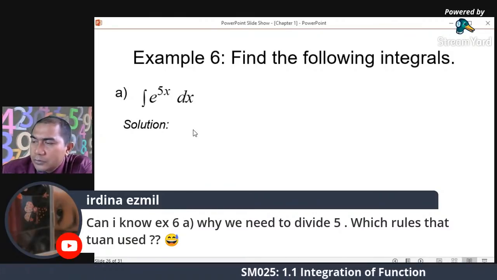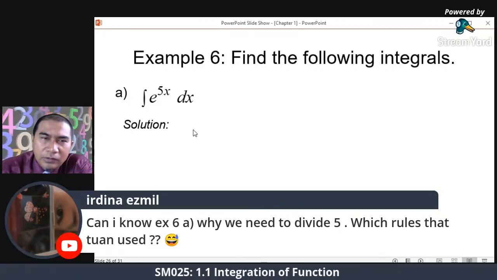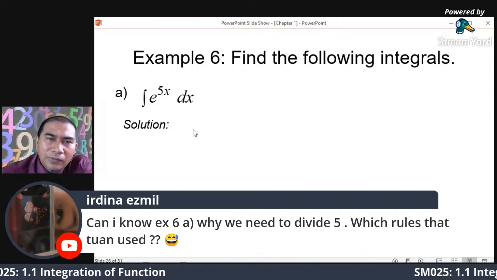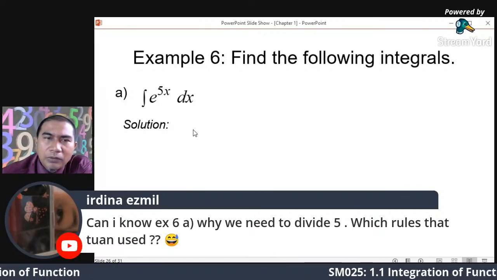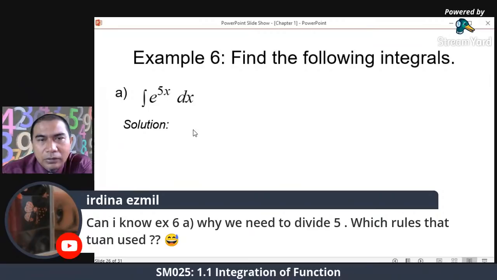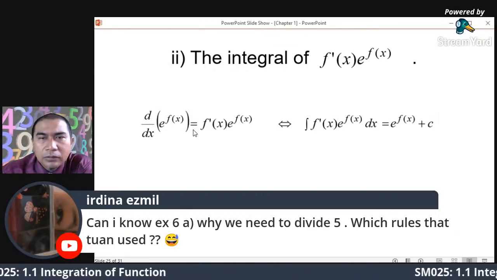Okay. So the given function fx, what is fx? Fx is e power of 5x. Okay, we look first for the rules or formula.